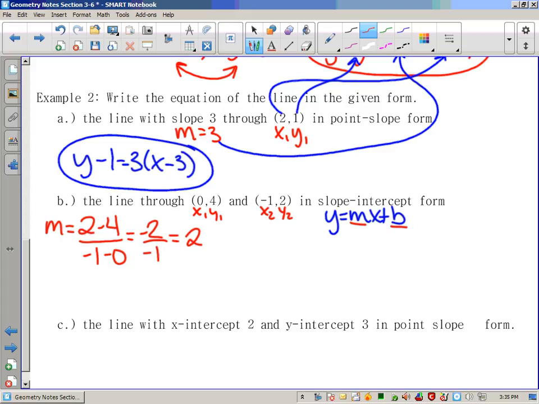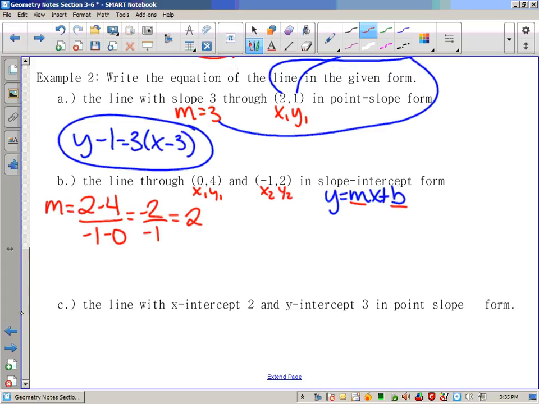Now to find the y-intercept, you're going to need to use a point. So let's say I pick this point right here. Now some of you might be noticing that that point 0, 4 is a special point. That actually is the y-intercept. That's where the graph crosses the y-axis. But I'm going to show you why.